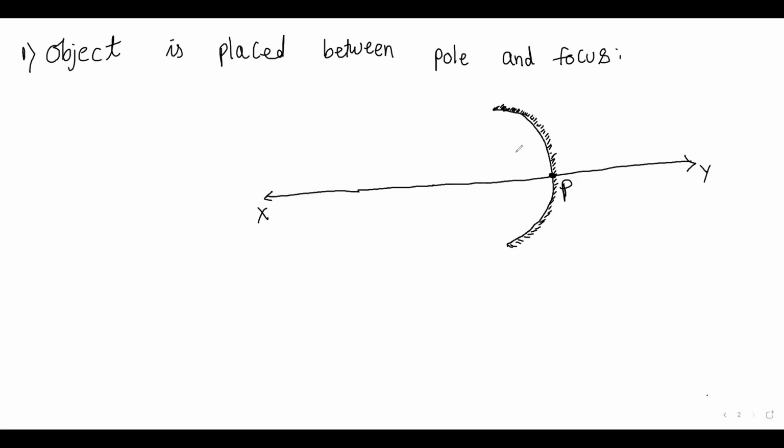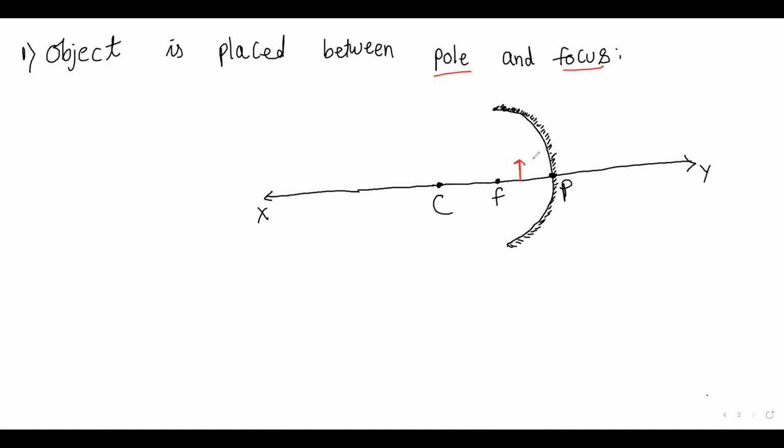And this point is focus. This point is center of curvature. Make sure that these distances are equal. These distances must be equal or else your figure diagram goes wrong. Now, where is the object kept? Object is between what points? Pole and focus. So object is here. I already told object is placed above the principal axis. Got it?